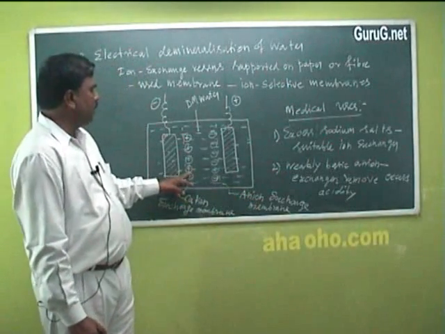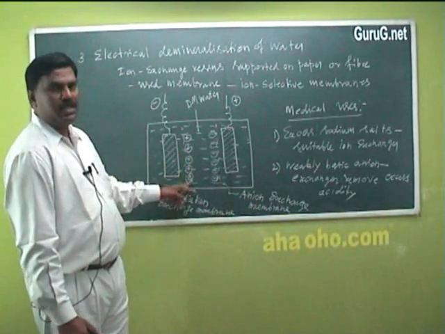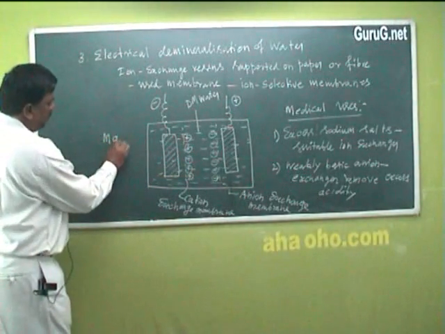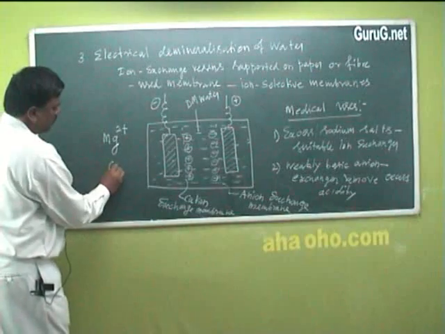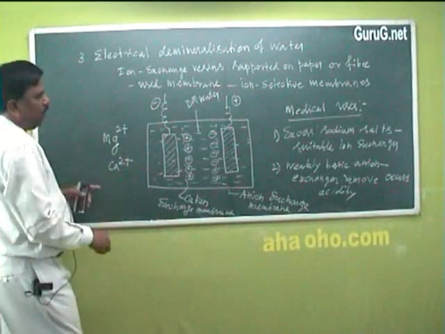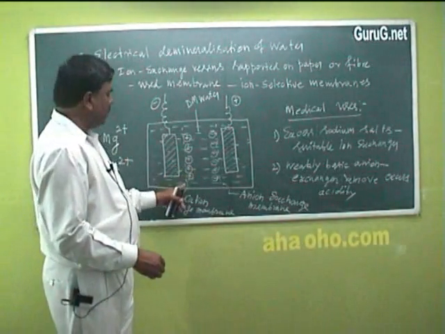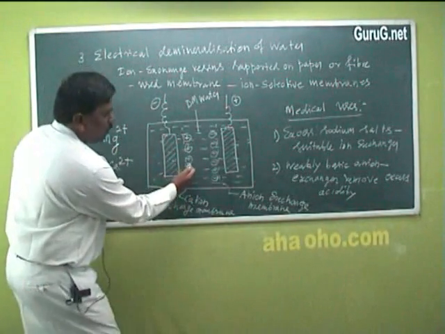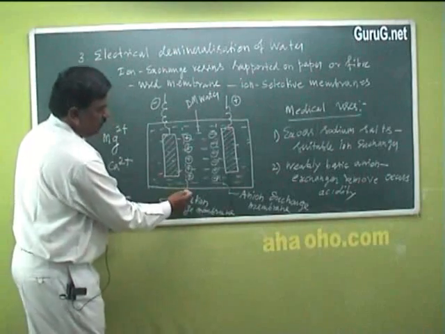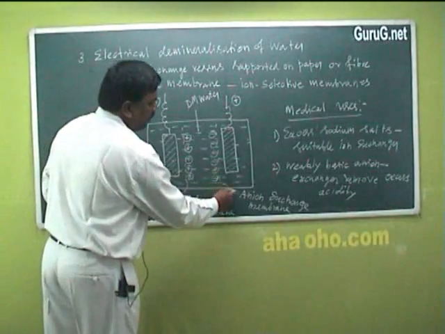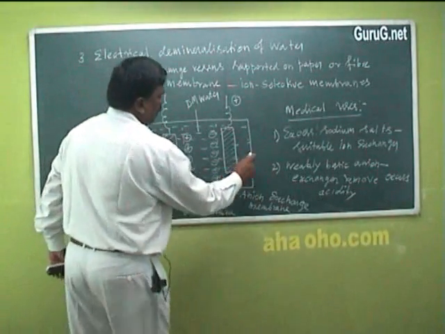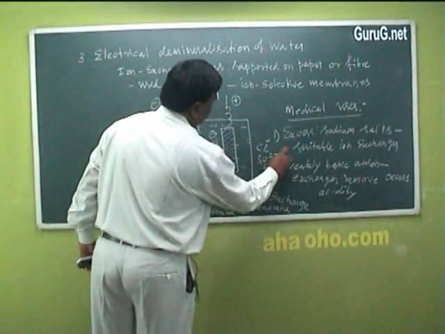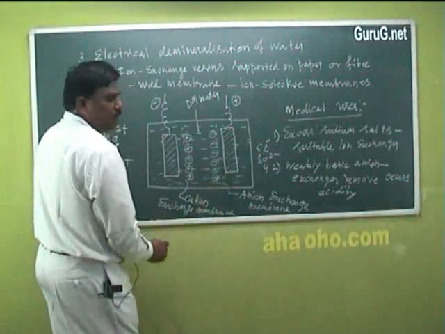The cation exchange membrane exchanges the cations present in the water, for example Mg2+ and Ca2+. Cations will be absorbed by the cation exchange membranes. The anions, that is Cl-, SO4 2-, etc., will be absorbed by the anion exchange membrane.